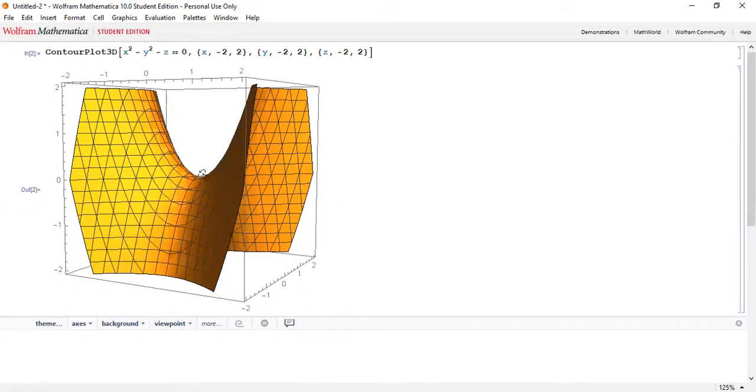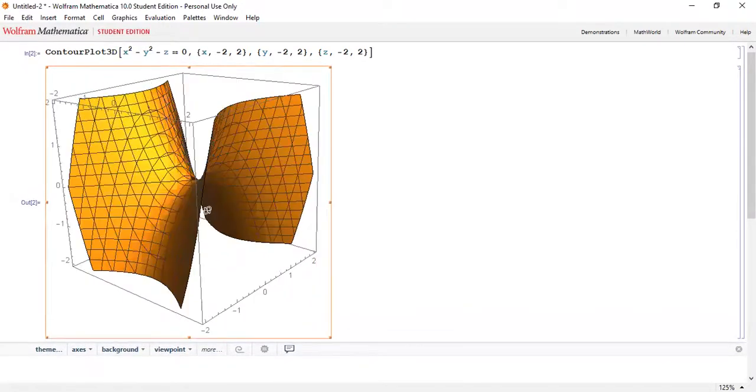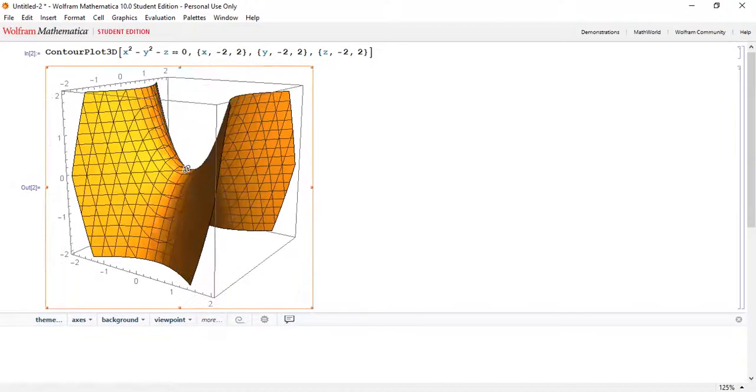This critical point, where the function is minimum when we move along the x-axis and maximum when we move along the y-axis, is called a saddle point. This is the plot of the function, and this is the saddle point. Let me stop sharing.